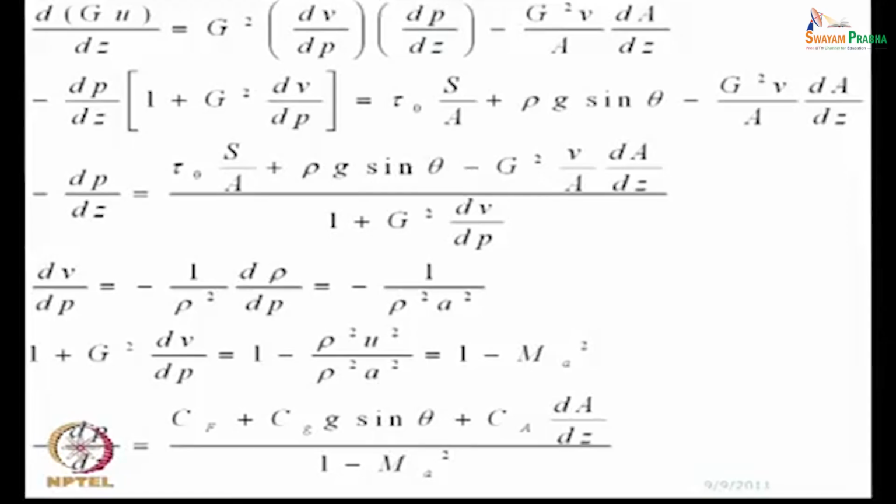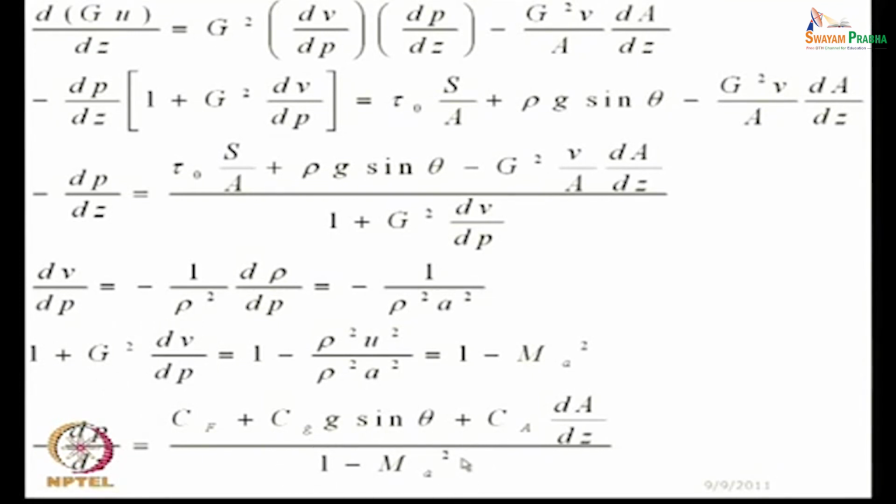Okay. And then if you look at the PPT, you will find that we deduced that this 1 plus G square dv dp was nothing but 1 minus the Mach number corresponding to that particular fluid flow, is it not? So, therefore, this denominator term was equal to 1 minus Ma square.